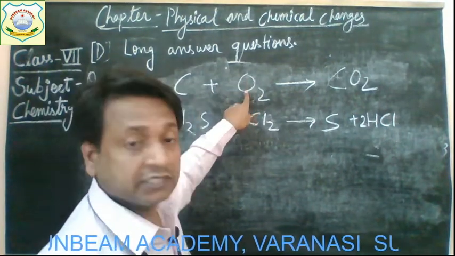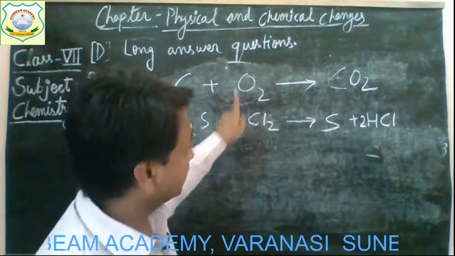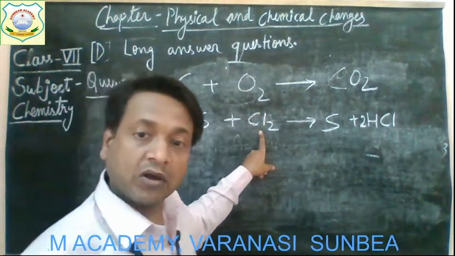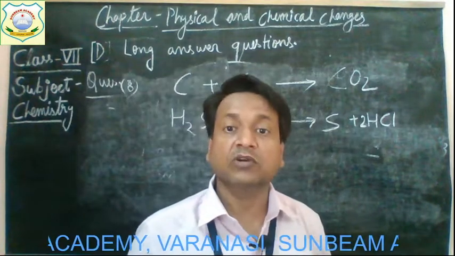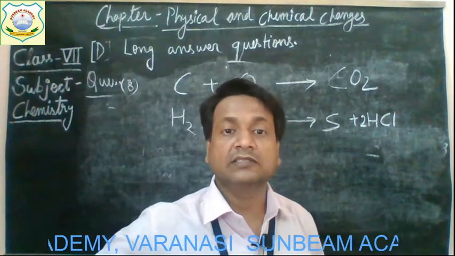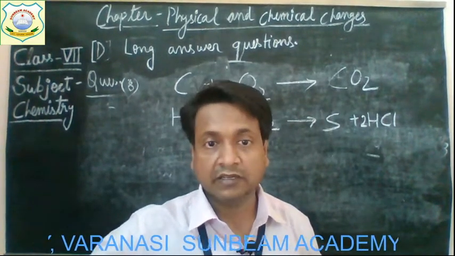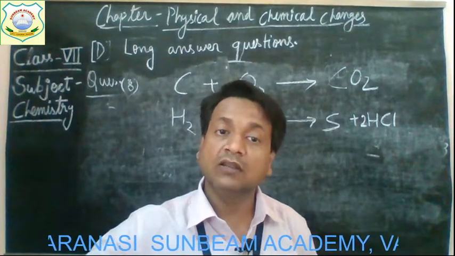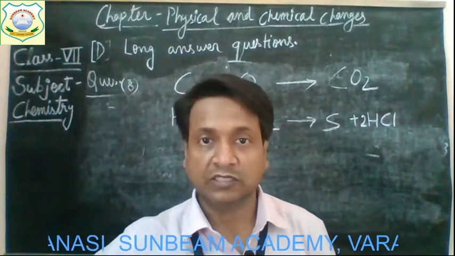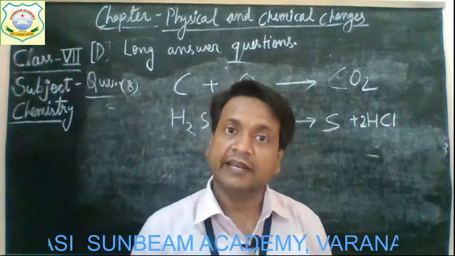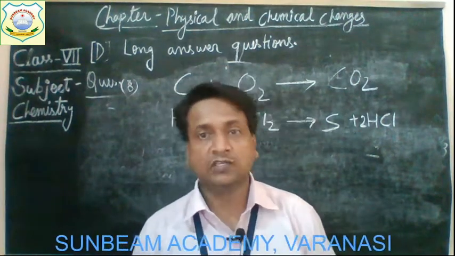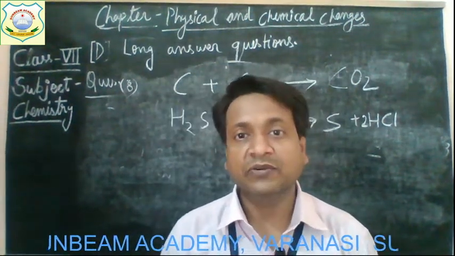Oxygen is the oxidizing agent. And in the second one, chlorine is the oxidizing agent, because they both oxidize the other substance. Get it? So these all are the long answer type questions. Okay? And in the next class, we will discuss the HOTS questions. So thank you and have a nice day, children.